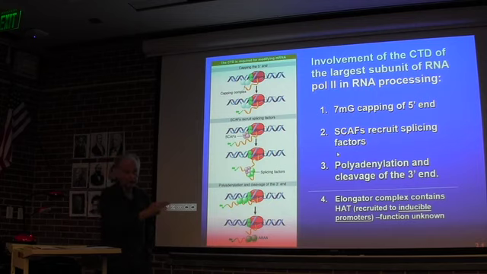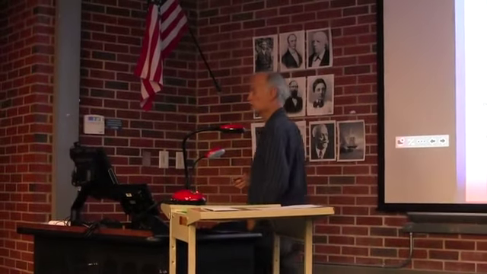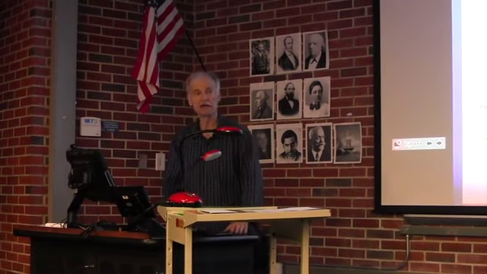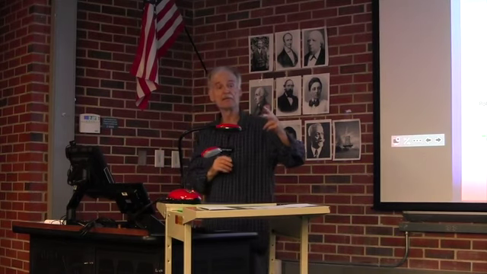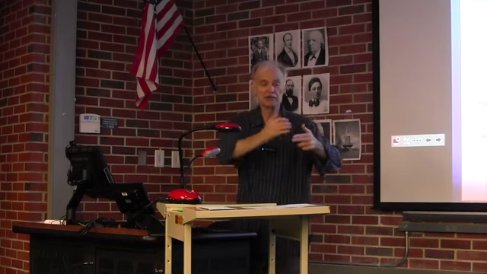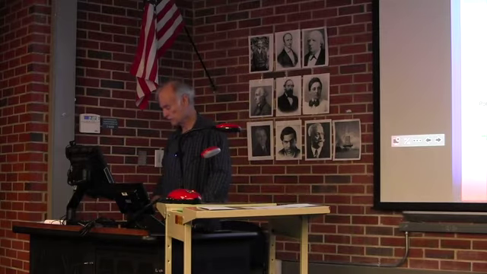It's actually cut. The poly A signal you see in the 3' untranslated portion of the messenger RNA is there for two reasons: to cause the complex to cut at that point while the polymerase continues on, and then at the cut site to start adding several hundred A's.